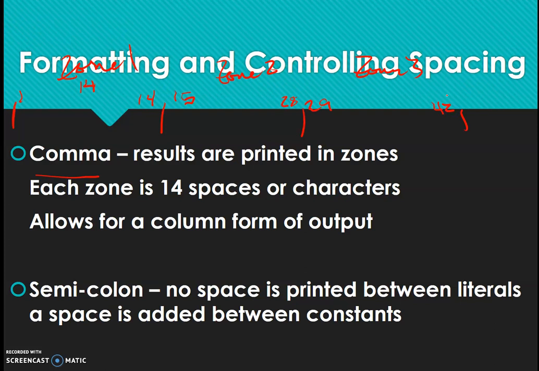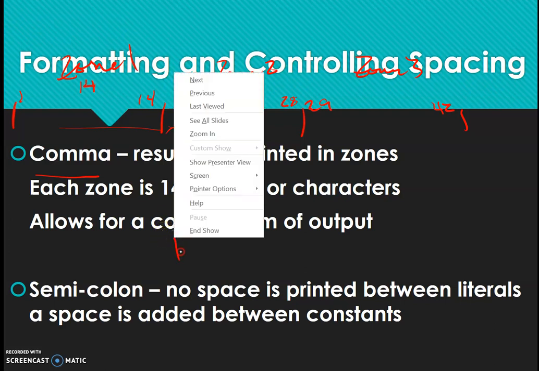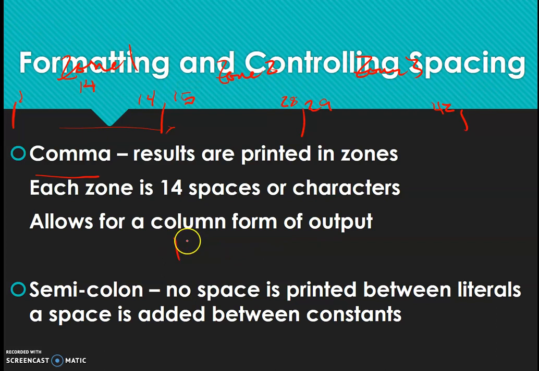So it creates these preset zones so that if I put a comma in an output statement, it will move the cursor over to the next zone. Okay, so this is great for creating columns and tables.